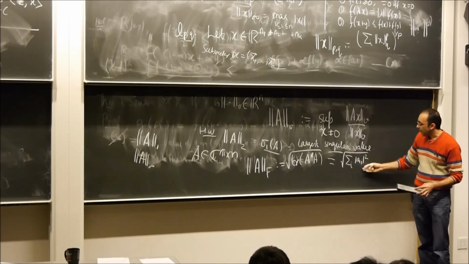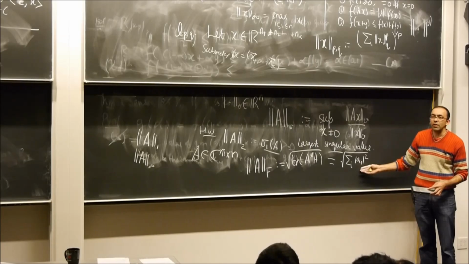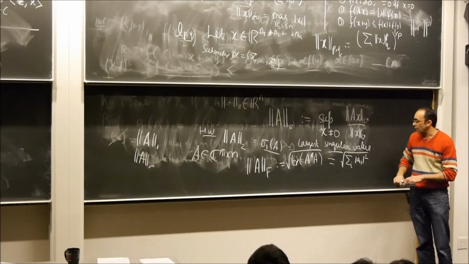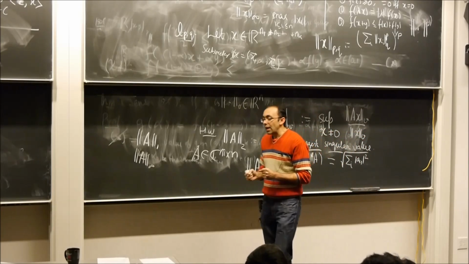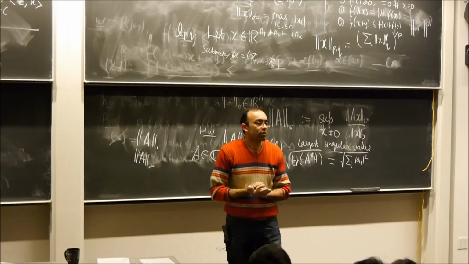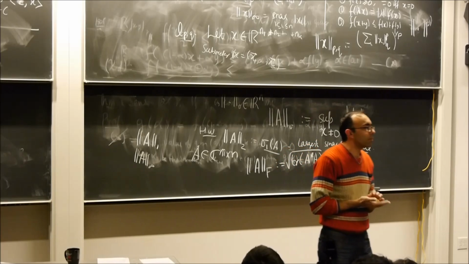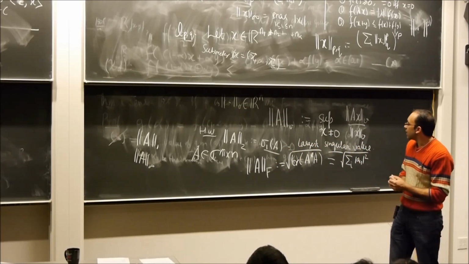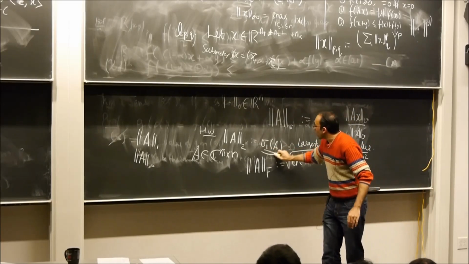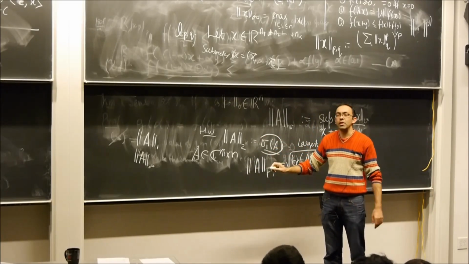And of course, if the A_ij were real, this would be just A_ij squared. I wouldn't need that absolute value sign in there. And this norm is very tractable. Once you square it, it becomes very nice to work with. So these are the operator norm and the Frobenius norm.